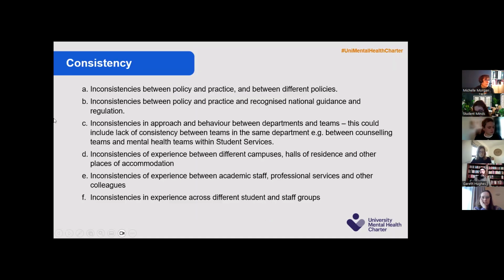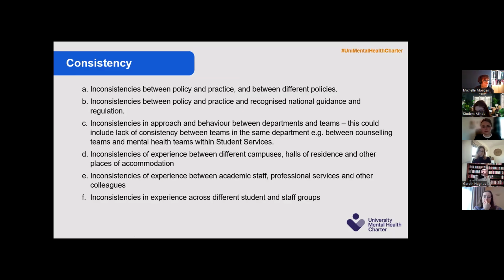So if we break those down, in terms of consistency, we saw lots of inconsistencies in lots of places. And I'm sure all of this will absolutely echo with you. So we saw inconsistencies between policy and practice, where we'd be arriving on an on-site visit with the policy saying one thing and then staff on the ground telling us they were doing something different, or where there were clashes of policies, where one policy said one thing, one policy said another.